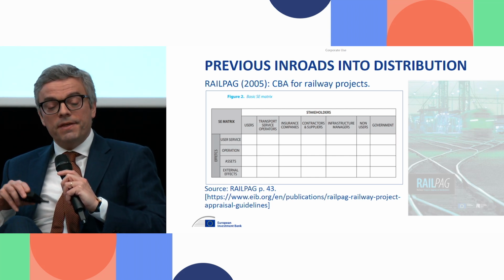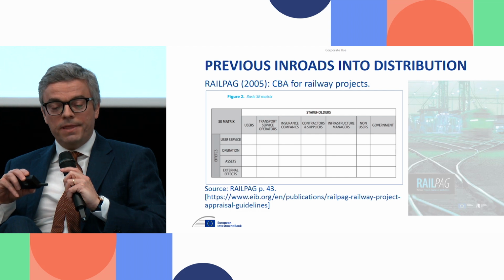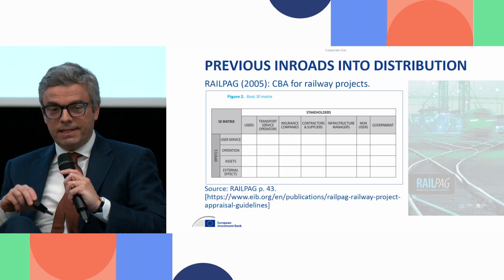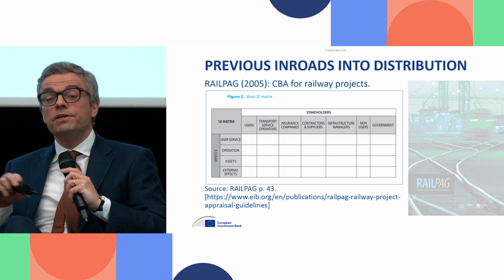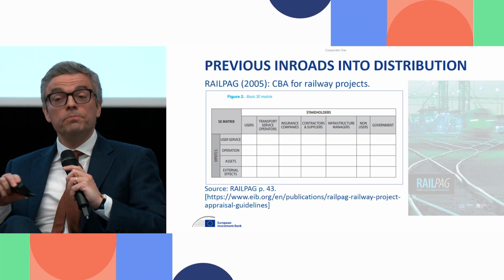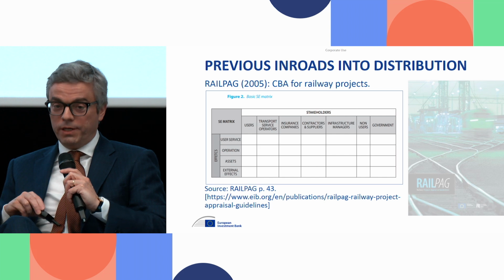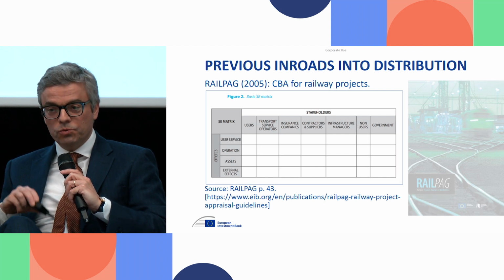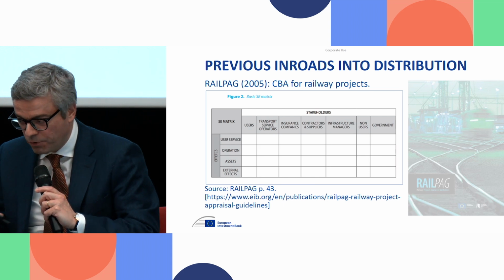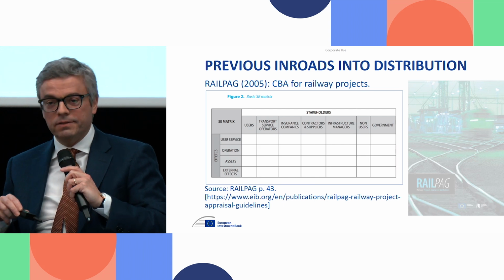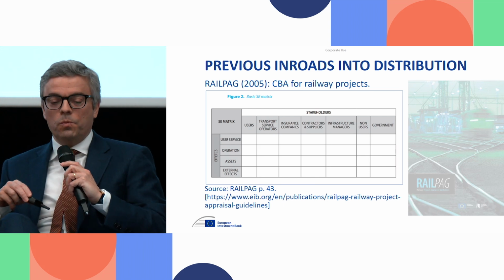It is available online. The aim was to understand who the winners and losers are. It stopped short of introducing distributional weights. It was just trying to understand better in a project who the winners and losers or payers would be.